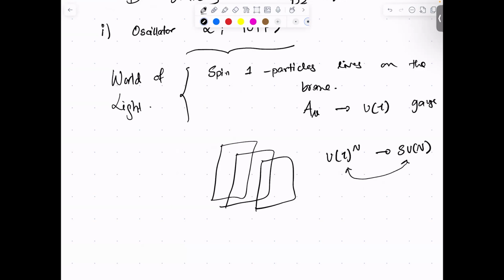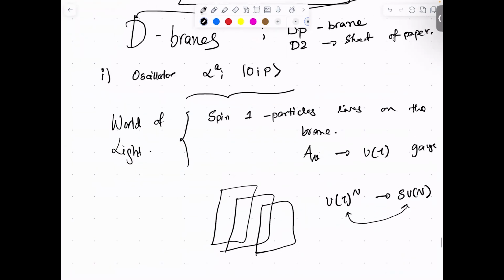Now, a post-mortem. These are in arbitrary dimensions. I'm still in 26 dimensions. I've not simplified my life yet. And with no fermions, with an unphysical vacuum and all of those ugly parts.